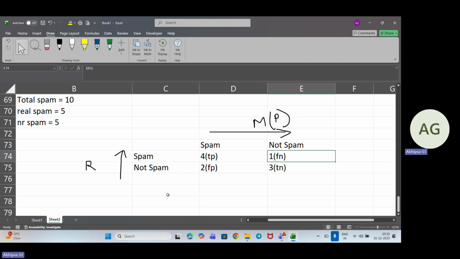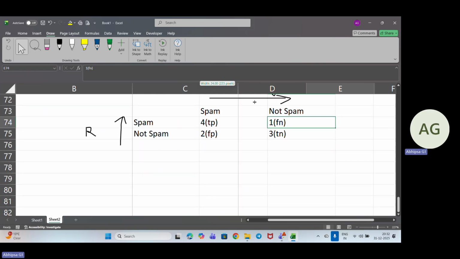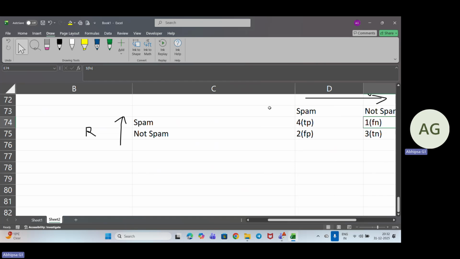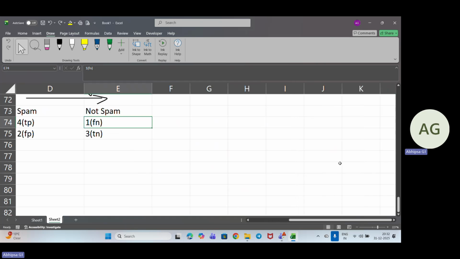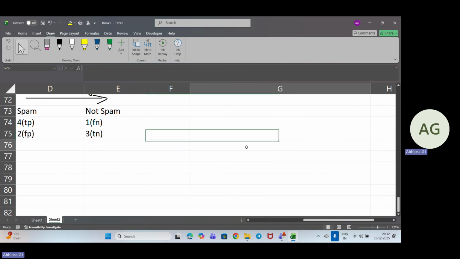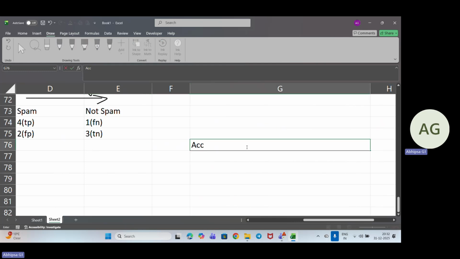So how will we do that? Just for reference, Control Z. We can take the accuracy up here so that it can be taken accurately. Accuracy, we will be calculating from this confusion matrix. So TP plus TN divided by all, that is TP plus TN plus FP plus FN.